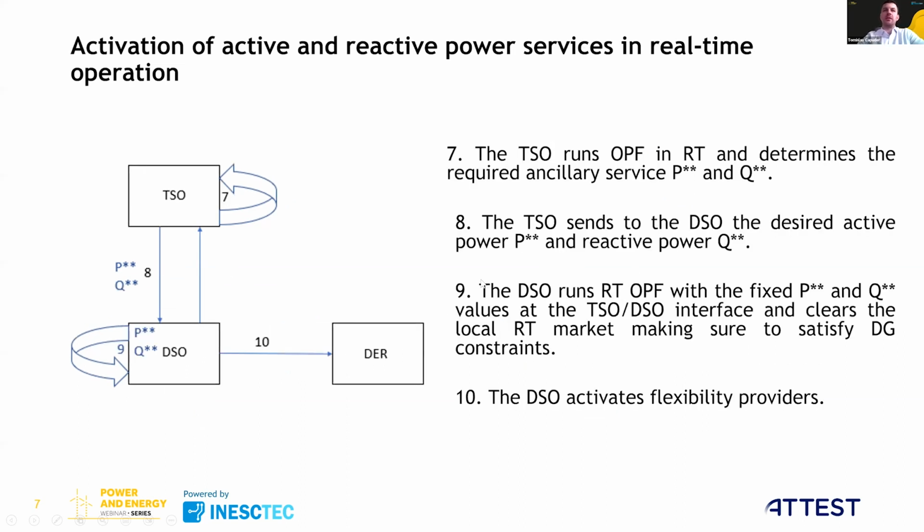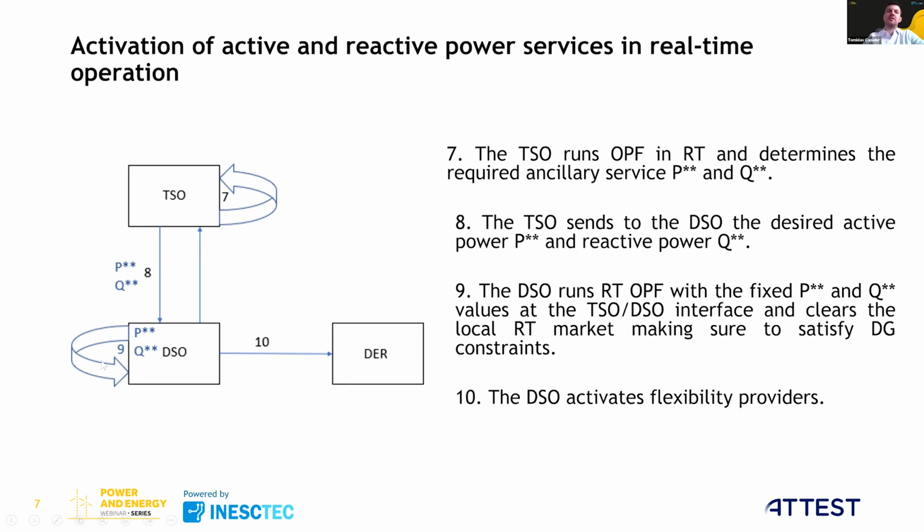So in the real-time service operation, the transmission system operator again runs the OPF in real time. This time it establishes if there is a need for an ancillary service. If there is a need, it sends a signal to the DSO.